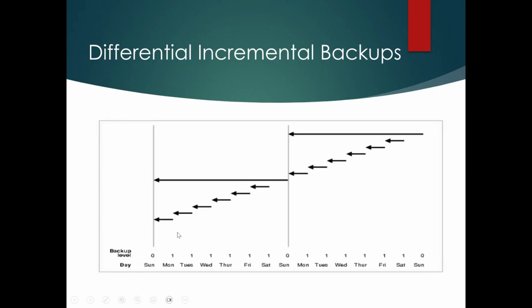Consider the L0 backup is 100 GB. If you take an L1 backup on Monday and consider it 10 GB, then it is 110, 120, 130, 140, 150, 160, 170 like this. So the overall weekly backup accumulates only 170 GB if you are using differential backup.